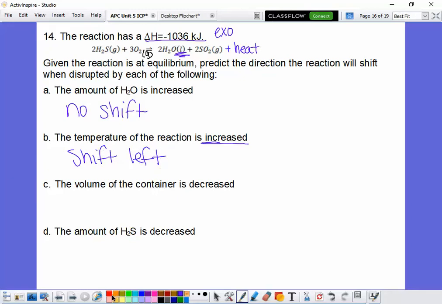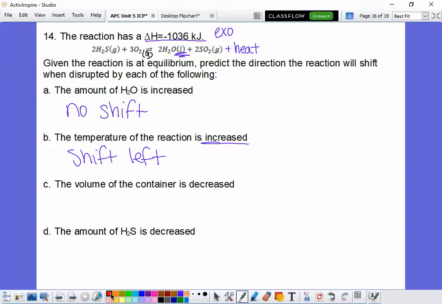And what else changes as a result of this temperature increase? What is dependent on temperature? I mean, the things you're saying aren't wrong, but what is the title of this unit?